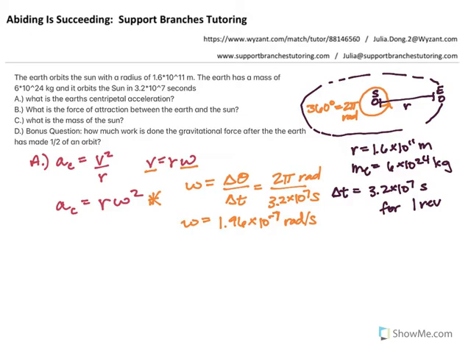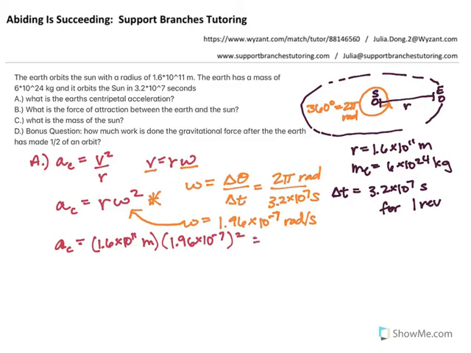So if we go over here, we're going to plug these in and solve for our centripetal acceleration. We've got a radius of 1.6 times 10 to the 11 meters, and then an angular velocity of 1.96 times 10 to the negative 7, and we need to square that.